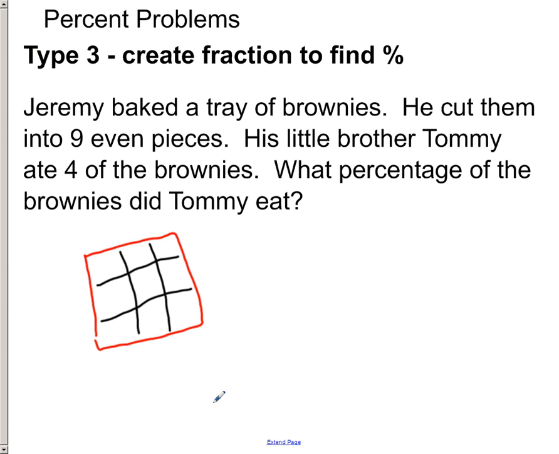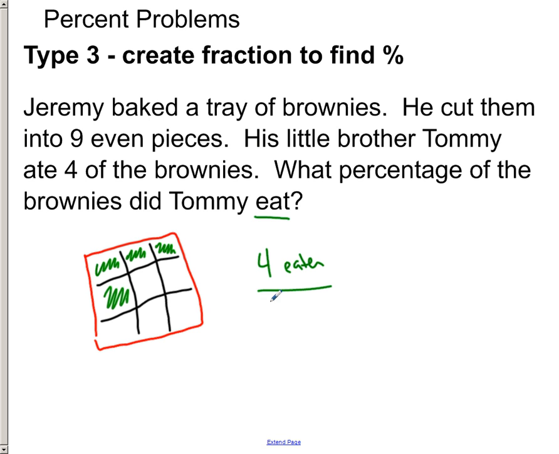And all the brownies are supposed to be the same size. Now, his little brother snuck in and he ate 4 of those things before Jeremy could find out. So Tommy got 4 of these, and we want to say what percentage of the brownies did Tommy eat.